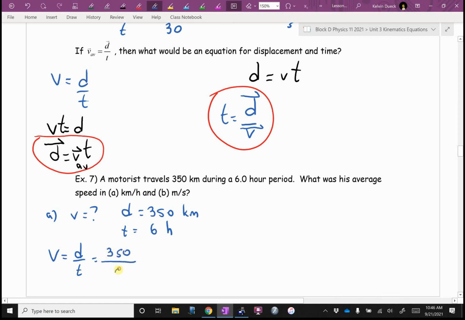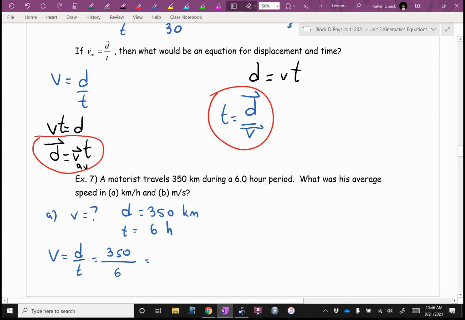What's T? 6. By the way, what does A want the units to be in? Will this give us kilometers per hour? What units are on the top here? And what units are on the bottom? That'll work.